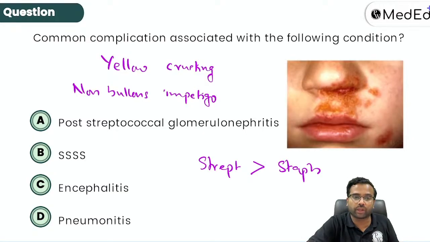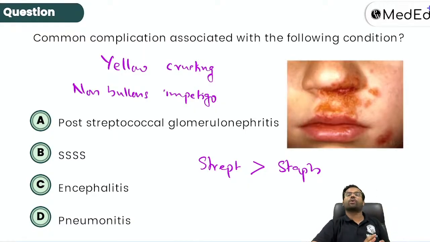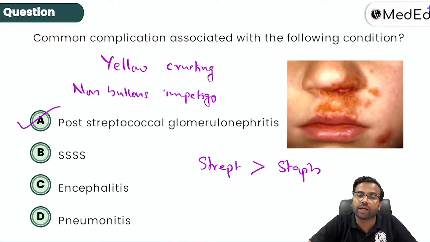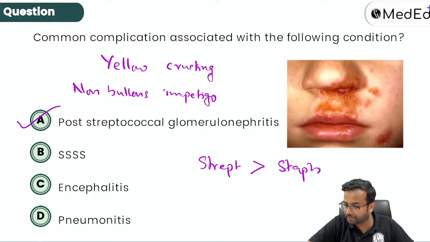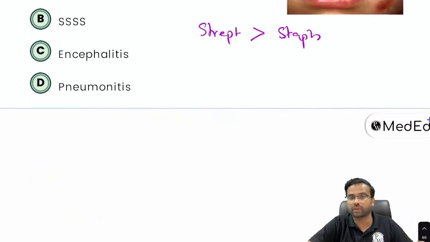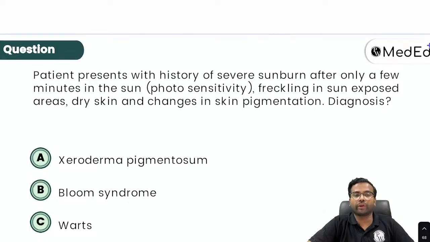So if Streptococcus is more common, the right answer should be post-streptococcal glomerulonephritis, which can occur as a complication of this condition, mostly in untreated cases, right? Very good. So now moving to the next question.